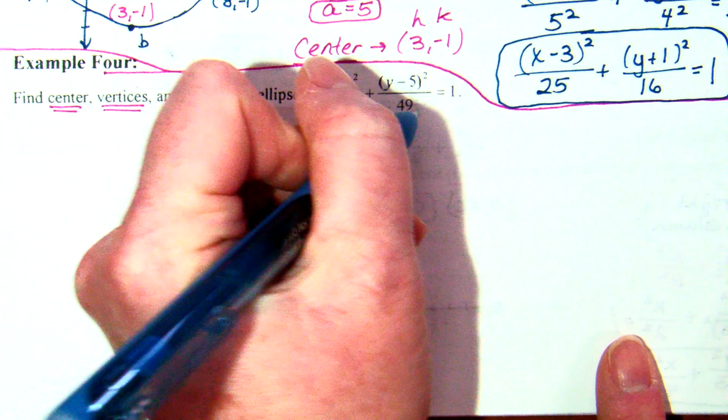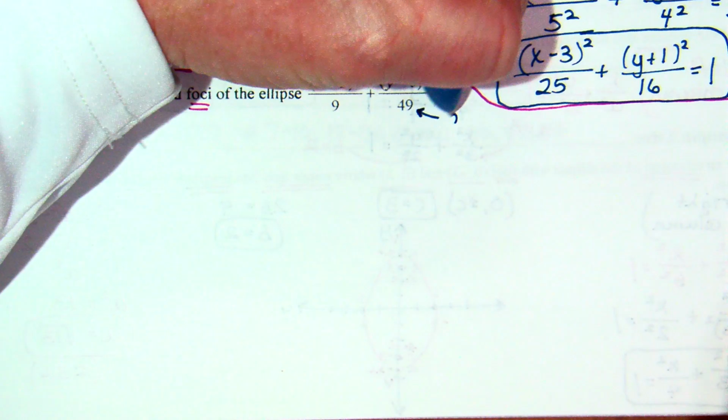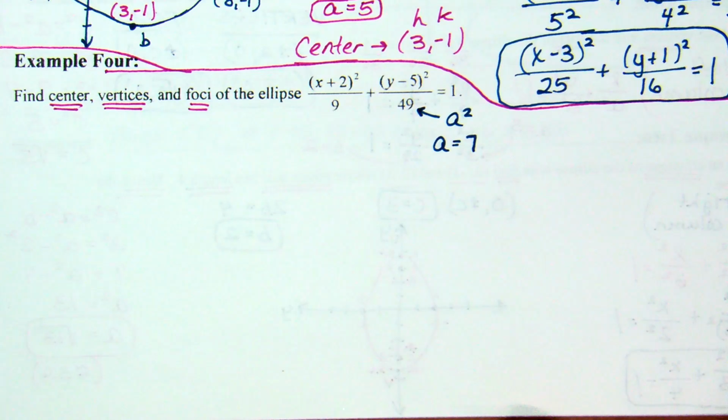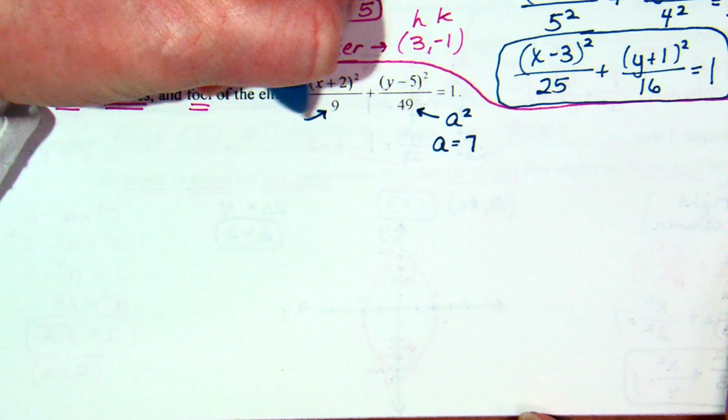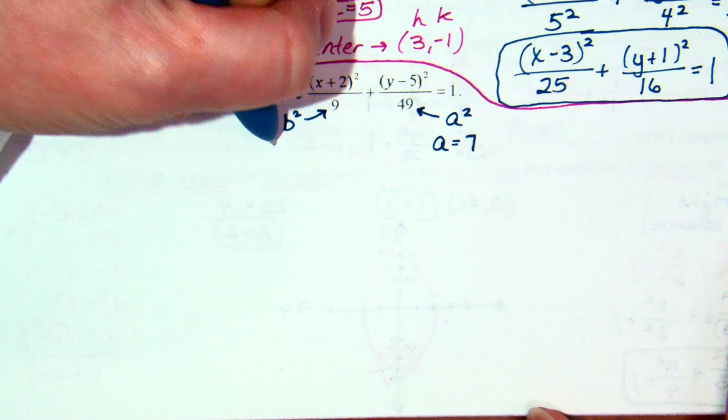A always has to be larger, which means 49 is my A squared value, which then means A is 7. B is the smaller one, and so that means B squared is 9, and if B squared is 9, then B is 3.